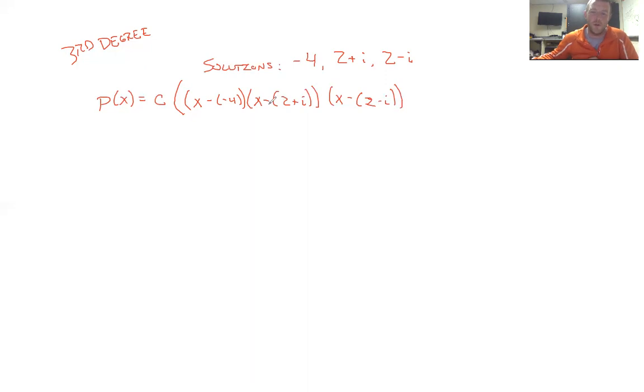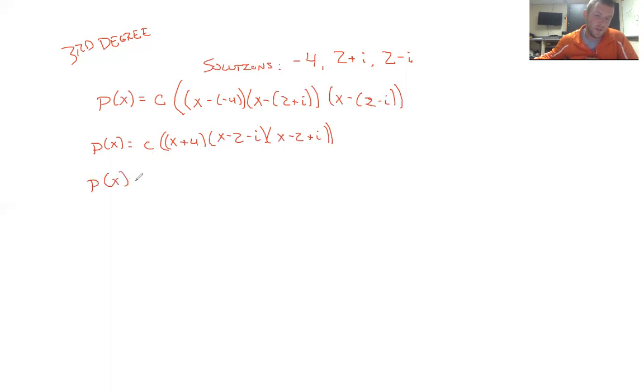Okay, so people screw up because they just put the minus and then they forget to distribute the minus to both. Okay, so P of x, it's going to be x plus 4, x minus 2 minus i, x minus 2 plus i. Okay, so now we're pretty well done. We just need to FOIL these.